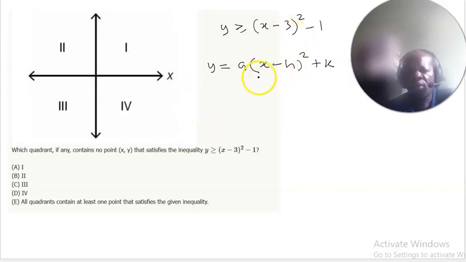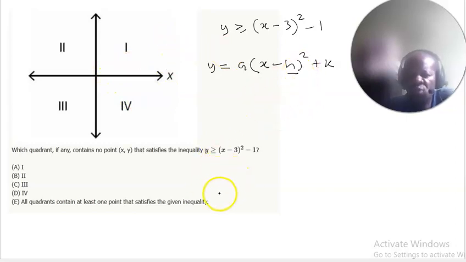Now, if you connect the two, the turning point of a parabola is the point where the graph turns to form the shape of the parabola. Since in the equation we are given the coefficient of x squared is positive, that means the parabola is facing up.